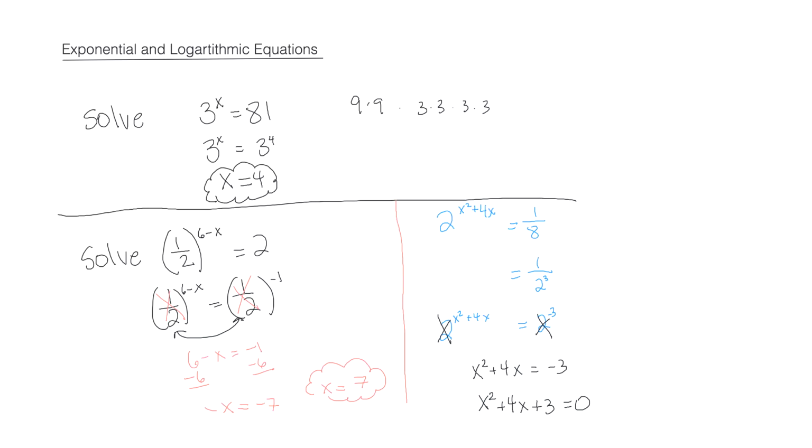Going back to factoring because it's my first love. So x squared plus 4x plus 3 equals 0. Looking for two numbers that multiply to give me 3, but add up to give me 4. Easy. 3 and 1, both pluses.